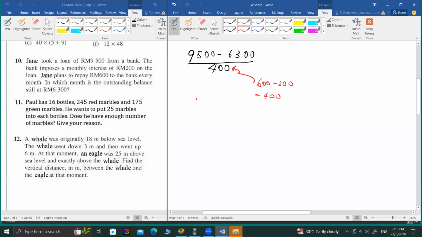明白吗? 清楚没有? Okay? So you imagine, let's say you borrow from me 100 ringgit. Make it simple, 你跟我借, I lend you 100 ringgit, then I charge you 10 ringgit every month. So every month you pay me 20 ringgit, let's say.